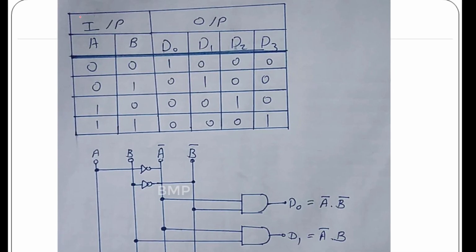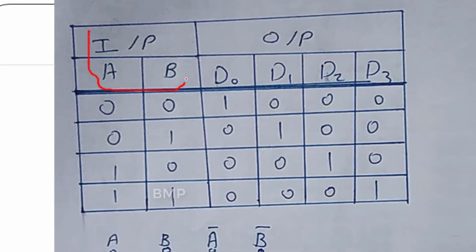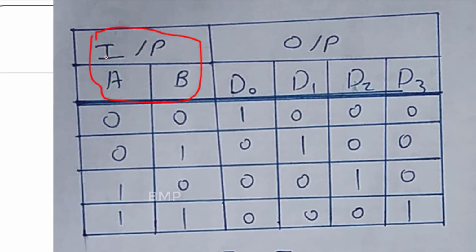We have two input lines A and B, and 4 outputs D0, D1, D2 and D3. As per the truth table, we have 2 raised to n possibilities, so 2 raised to 2, total 4 possibilities.